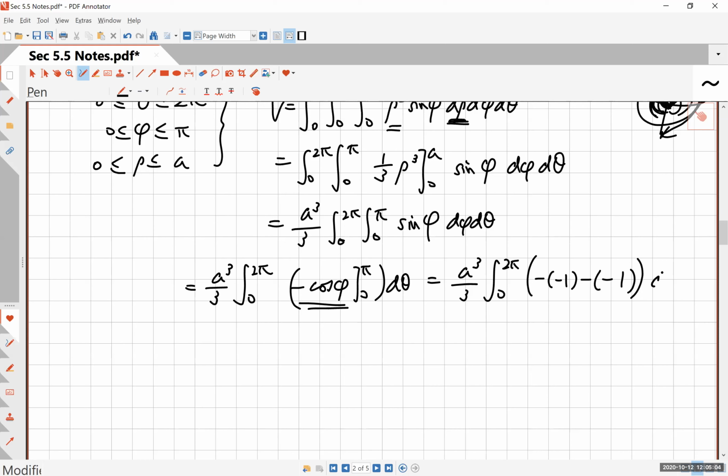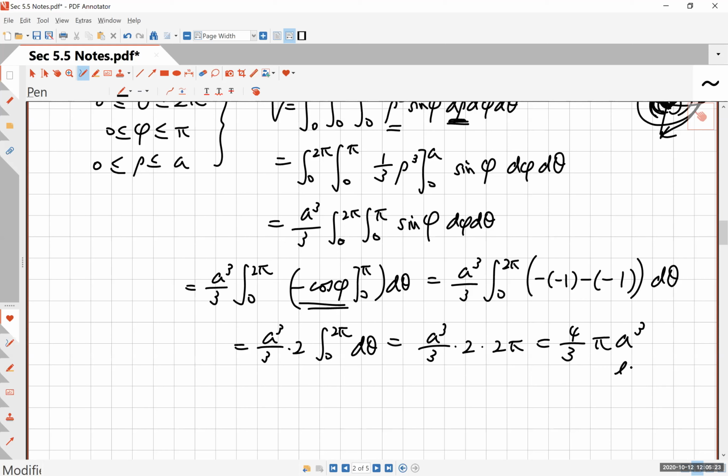It's actually 2, right? All right, so this is a cubed over 3, and then now you have 2, and then of course you have the integral from 0 to 2 pi of d theta, which is just 2 pi. So it's a cubed over 3 times 2 pi, which is 4/3 pi a cubed, as expected.